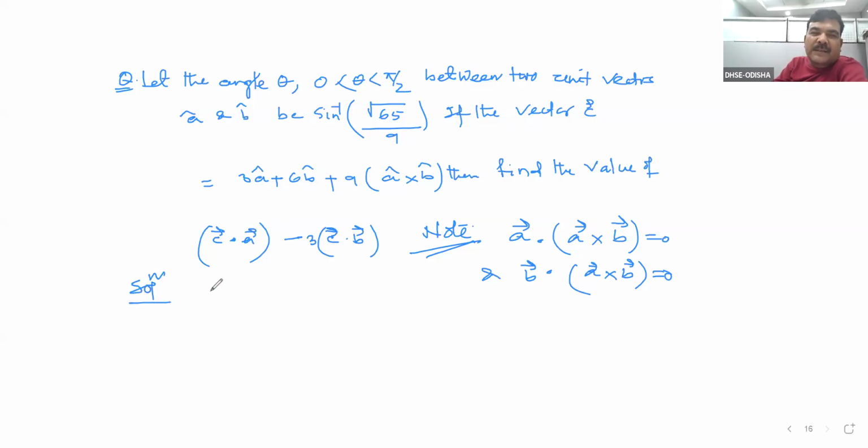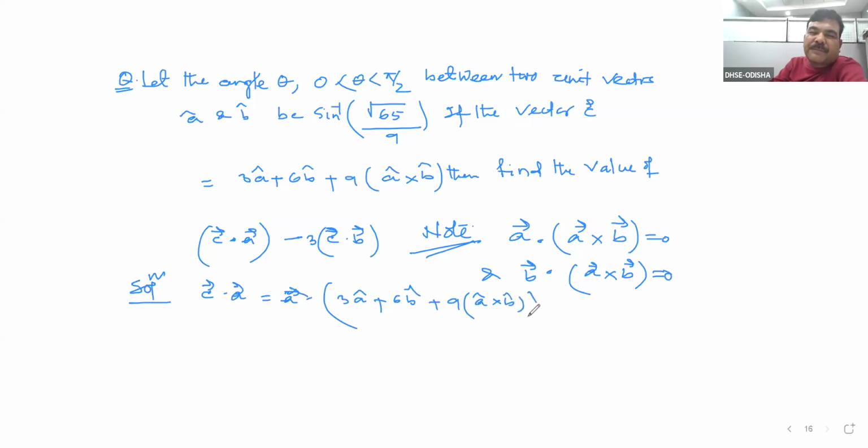So, C dot A is equal to A dot 3A cap plus 6B cap plus 9 times A cap cross B cap.